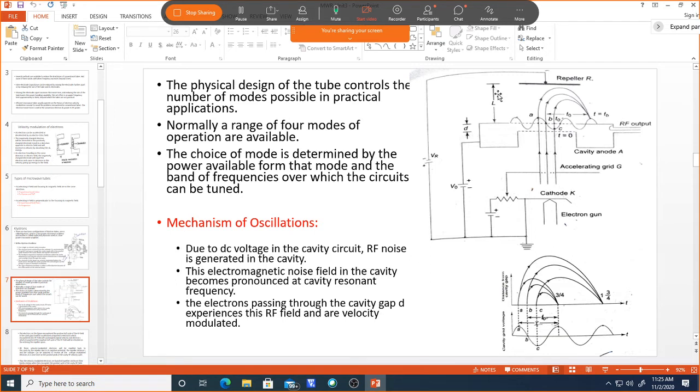So the repeller space of the klystron should be designed in such a way that all the electrons' energy is collected at the positive RF cycle. That will be the intelligent design of this reflex klystron.